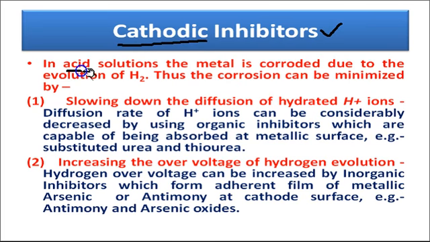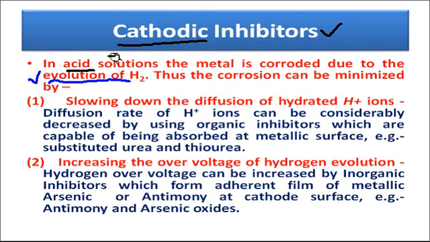If an acidic medium is present near the metallic surface, then what reaction takes place at the cathode? At the cathode, in an acidic environment, evolution of hydrogen takes place. So if we want to minimize the rate of the cathodic reaction, we have to stop the evolution of hydrogen at the cathodic part if the medium is acidic.